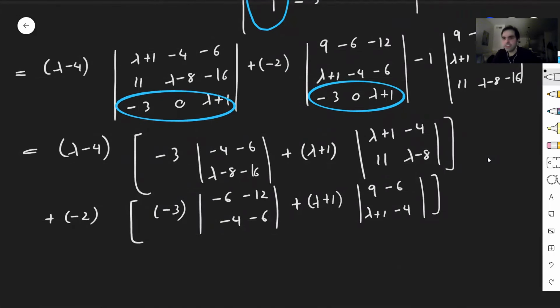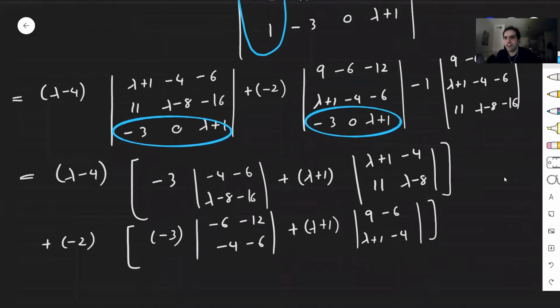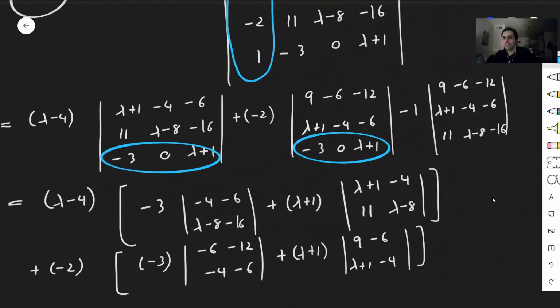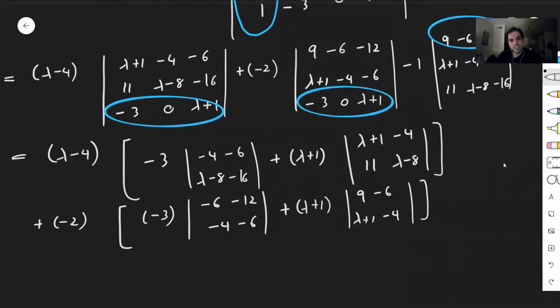And then last but not least, let's just expand it along this first row. So 9, -6, -12. And then what we get is plus 9 and, no, sorry, we had the -1 here. See, we still have this -1.